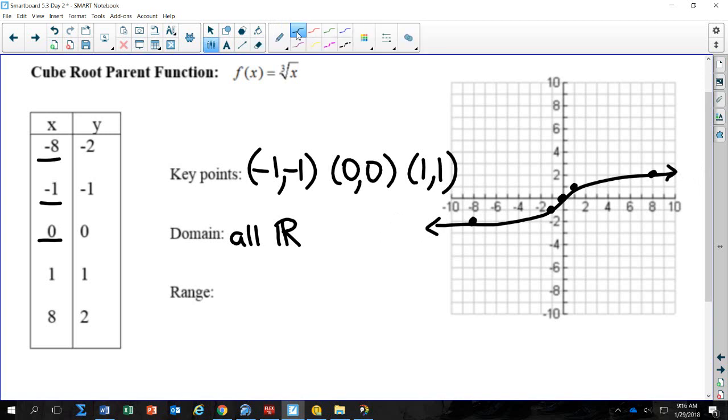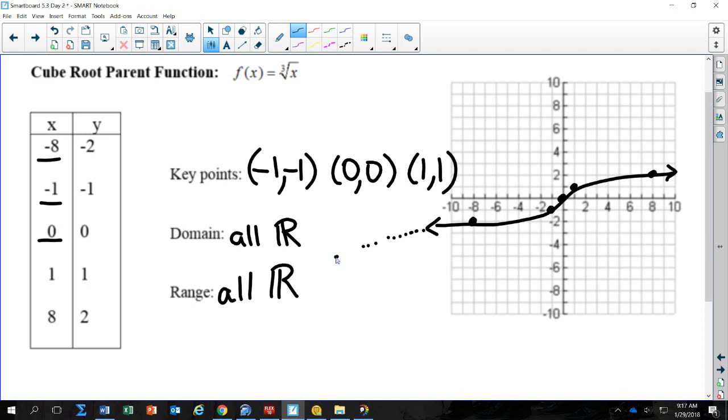Similar to that, we'll have all real numbers for the range as well. Again, the range is your y values. Even though it's kind of hard to tell in this picture, as my x values get smaller and smaller, my y values are just going to continue to decrease infinitely.